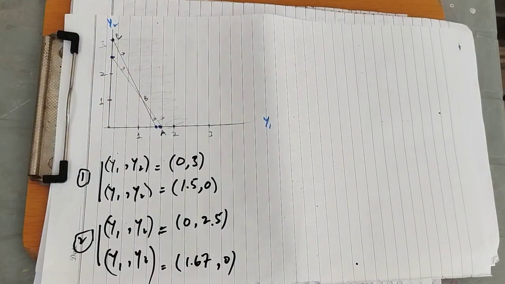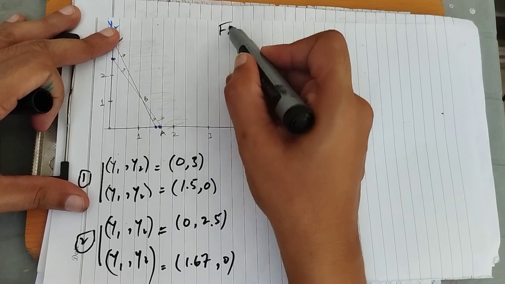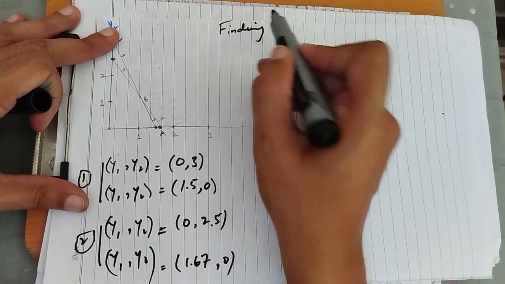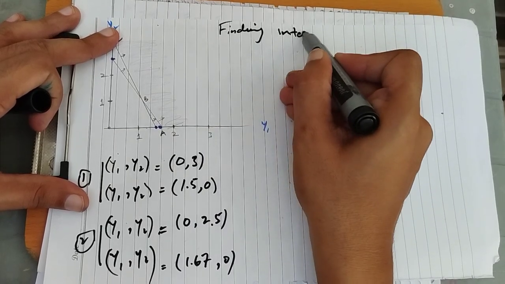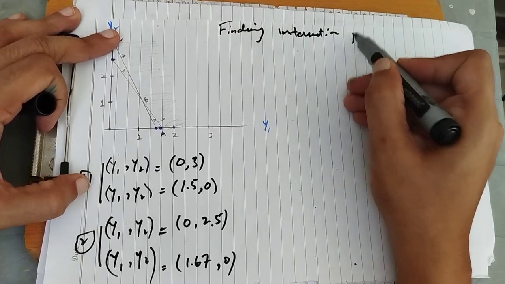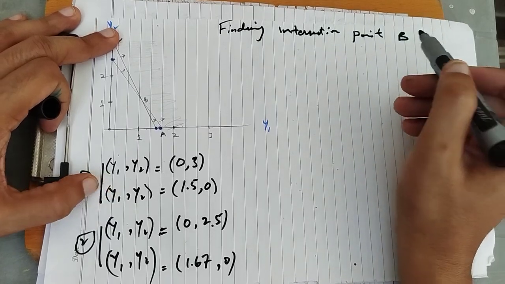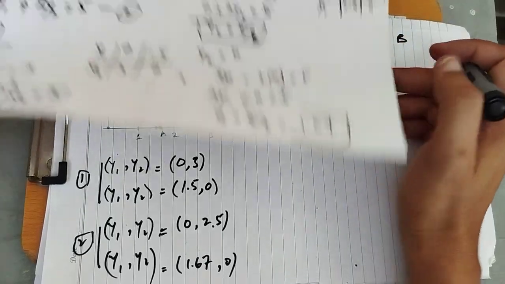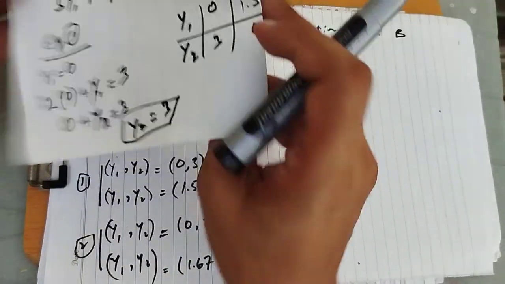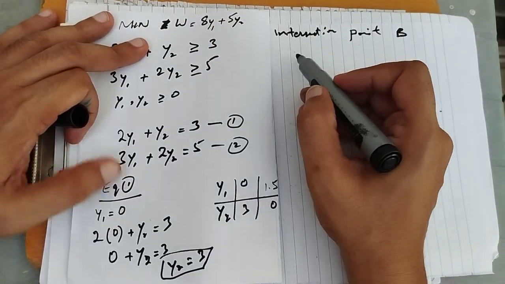Okay, so let's find the intersection point, that is B over here, as I already mentioned. For finding intersection point B, we will equate both equations we made over here.